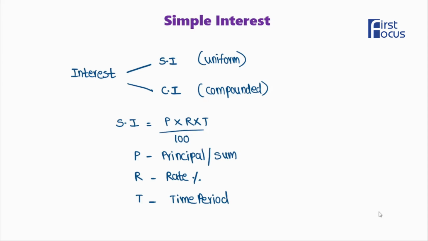Really speaking, problems based on simple interest are very simple, because the only formula we are using here is simple interest is equal to principal into rate percent into time period divided by 100. First we have to see which data is given and which data we have to find. If simple interest is given, then one of the data is to be found. If simple interest is not given and a comparison is made, it means there are two data to be found.